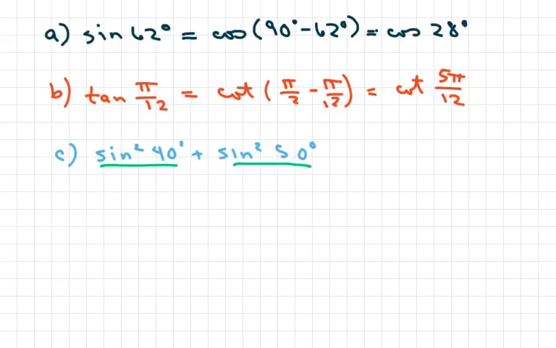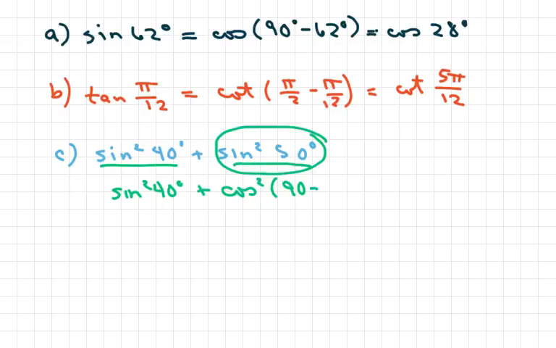If I change this one to cosine, then that's going to be sine squared, I keep this one the same, and this is going to be cosine of 90 minus 50. So that's sine squared of 40 plus cosine squared of 40. And you know by your Pythagorean identities that this equals 1.